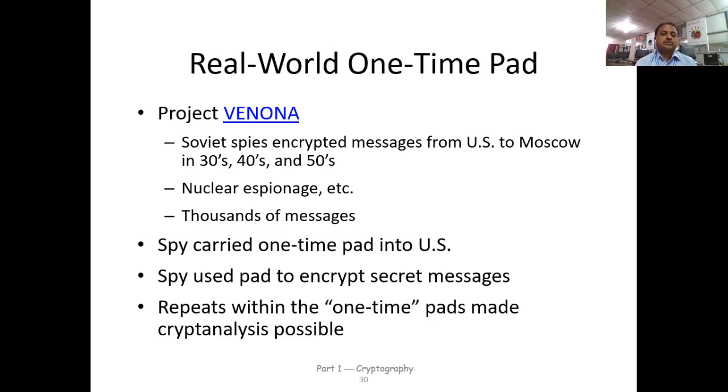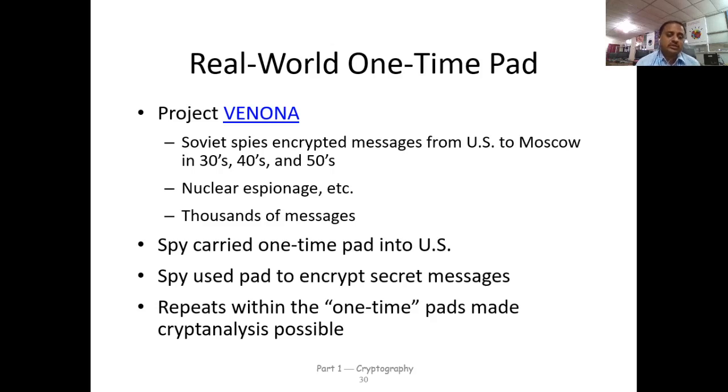What happens is there were Soviet spies who encrypted messages from the US to Moscow. Their government sent some spies for sending data from the US to Moscow.